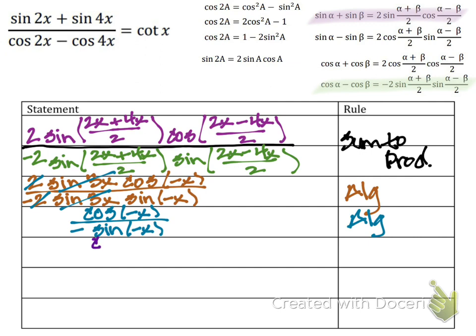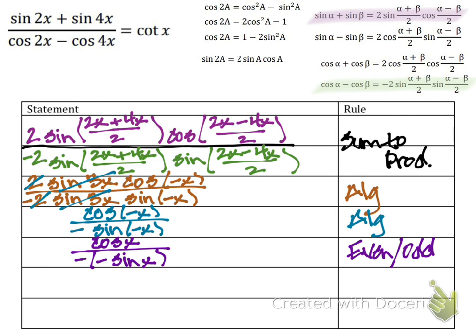So it's cosine x over, we still have a negative, and then we have a negative sine x. That's even odd. And again, I don't think Alex will let you go directly to the cotangent of x or multiply these guys together and make it positive immediately, right? I think you've got to wait for that.